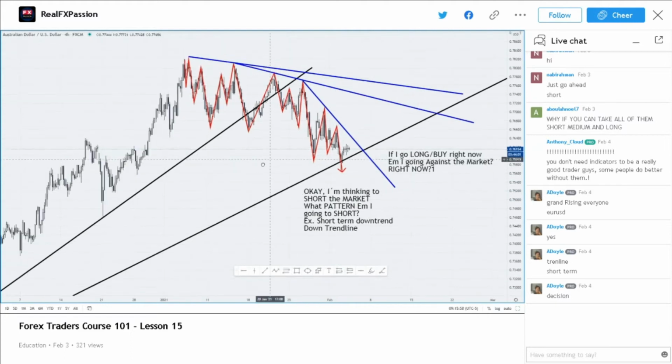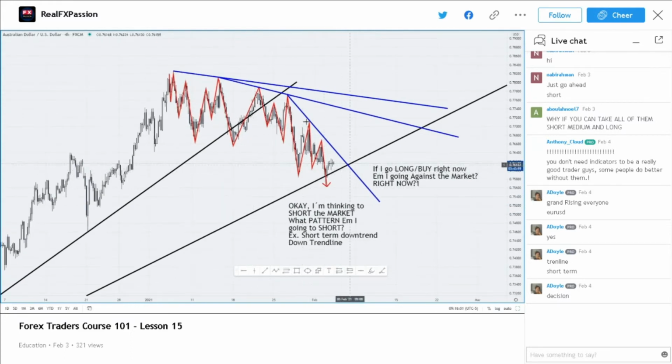The downtrend, the red lines, or are we going to short the downtrend line? So the blue or the red? Those are two different patterns, everybody. And we have also a small market wave, right? We have extension, retracement, extension, retracement, extension, retracement, and extension one more time.